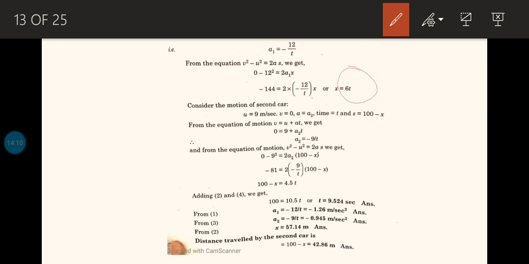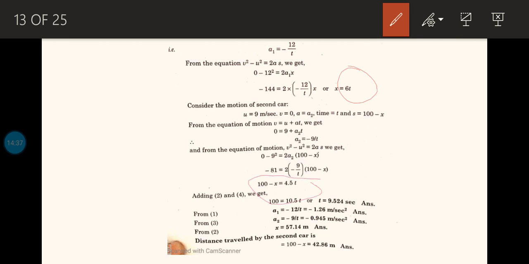So s is equal to 100 minus x, because the second body has traversed a distance of 100 minus x. From v is equal to u plus at, we get 0 equal to 9 plus a2 into t, so a2 equal to minus 9 by t. Similarly, from v square minus u square equal to 2as, substituting, you will get 100 minus x equal to 4.5 t. So this is another equation.